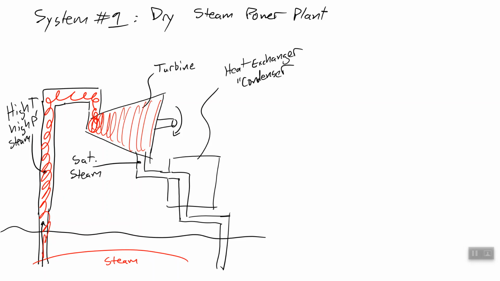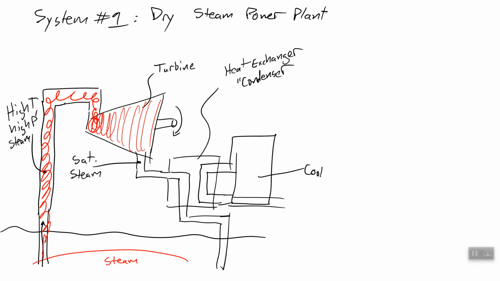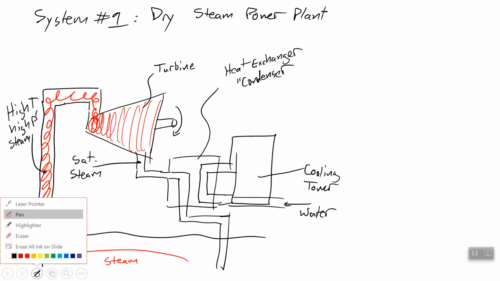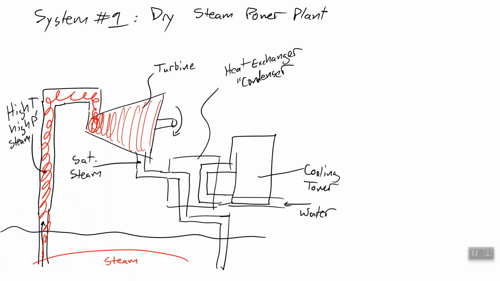And what that condenser does is it exchanges heat in the steam with water that is passing through a cooling tower. So we have water that's entering the cooling tower, and it is generally cold, or at least somewhat close to evaporating. So it's cold, and it enters, and it's going to come in here.